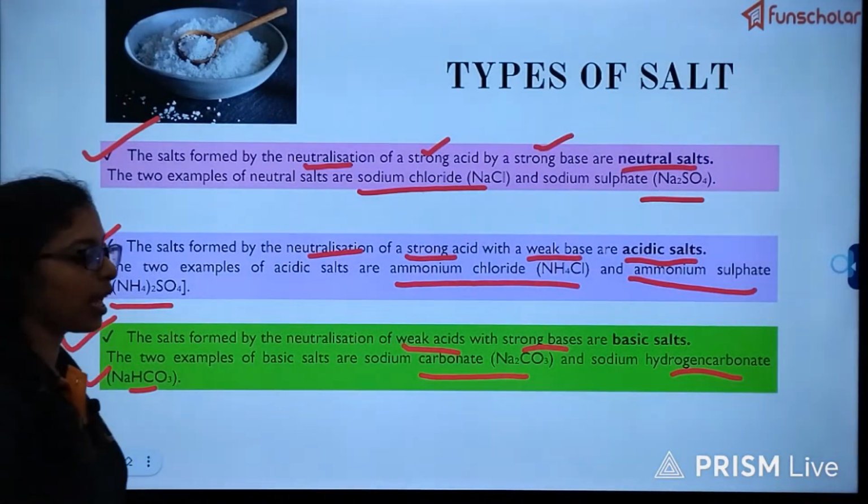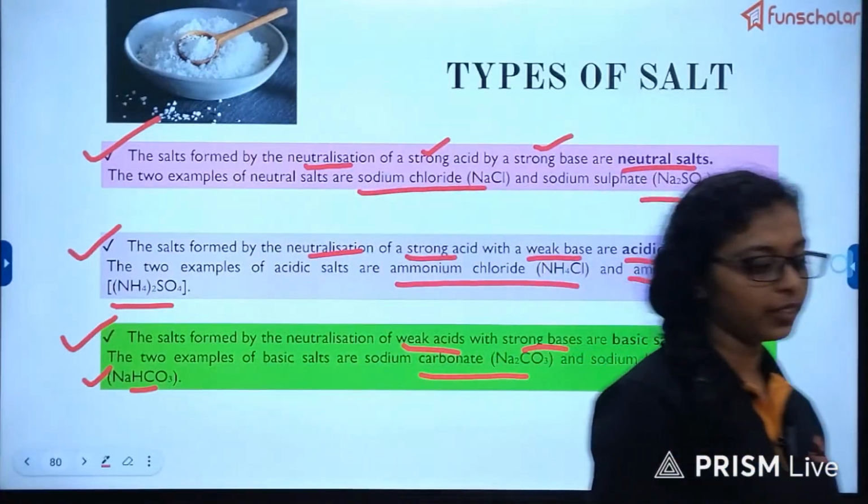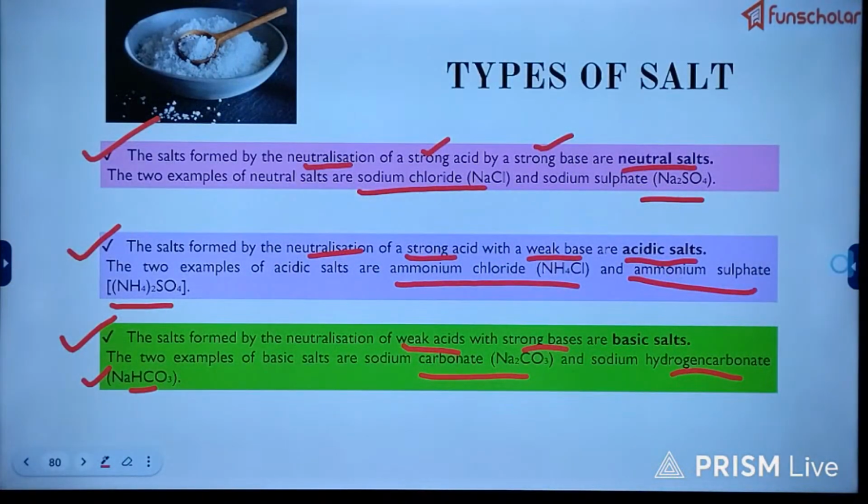In which substance can we find sodium carbonate? Try to think about this for some moment.